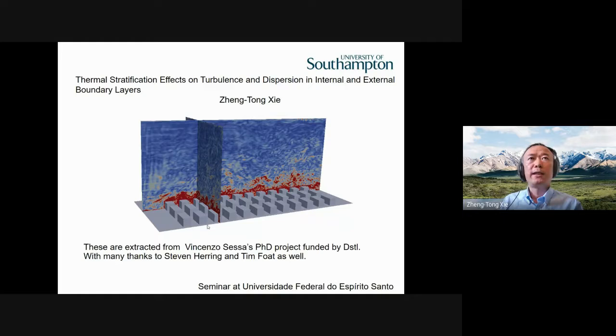So we developed turbulence generation at the inlet, something like you do in the wind tunnel, right? You can see the picture here. You have the turbulence generated, and then you have the flow approaching the array of buildings, and then you generate something like the internal boundary layer here, and on top of that is the external boundary layer.